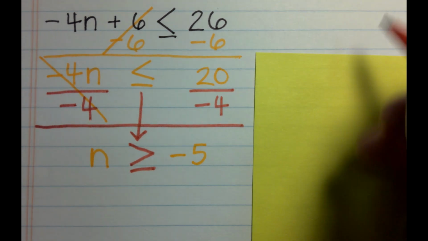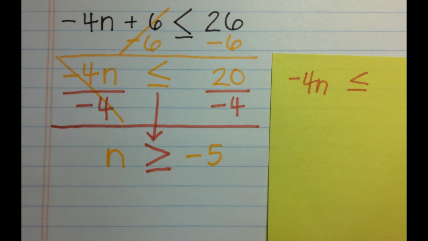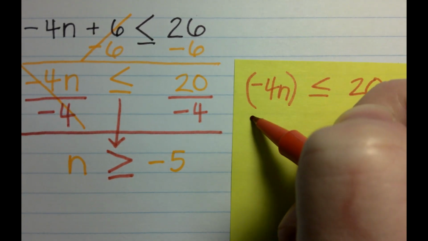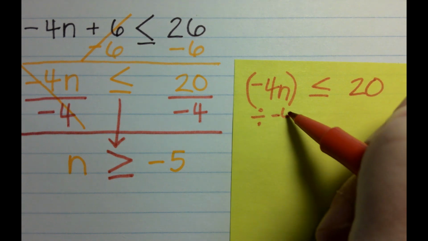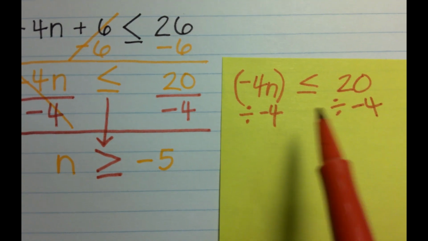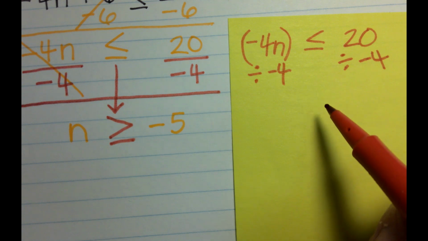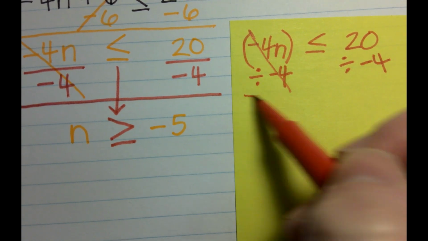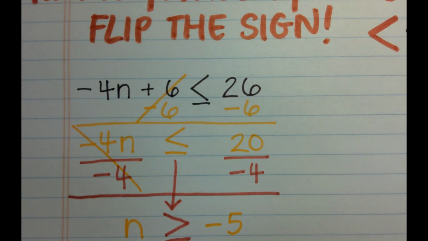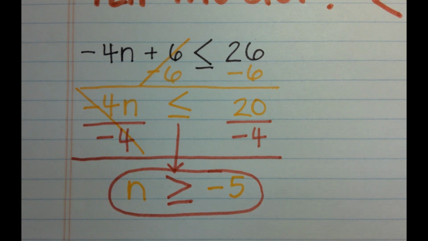You can write it like this: 20 divided by -4, divided by -4. If it helps you to see the division sign, use it, and we do the same process. So now we have n is greater than -5. That would be our answer.